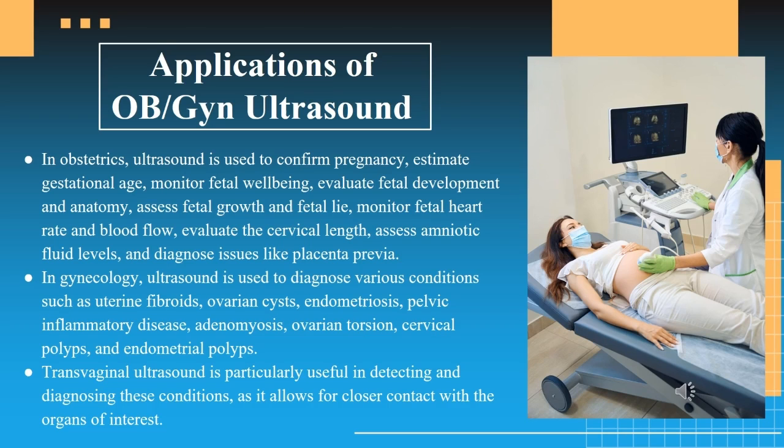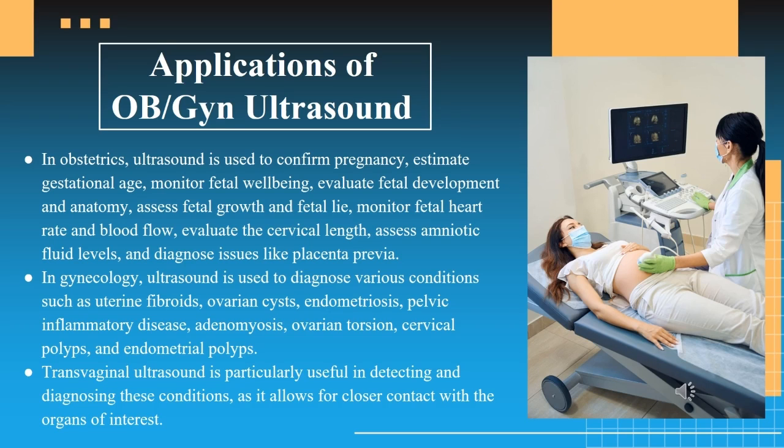In gynecology, ultrasound is used to diagnose various conditions such as uterine fibroids, ovarian cysts, endometriosis, pelvic inflammatory disease, adenomyosis, ovarian torsion, and cervical polyps and endometrial polyps. Uterine fibroids and ovarian cysts are very common and seen very often on gynecological or pelvic ultrasound.